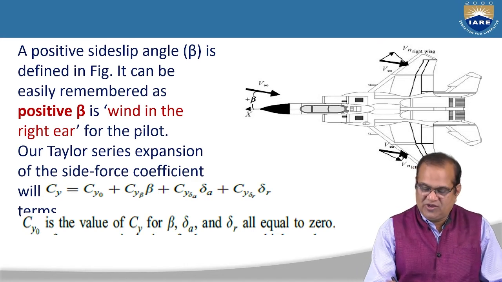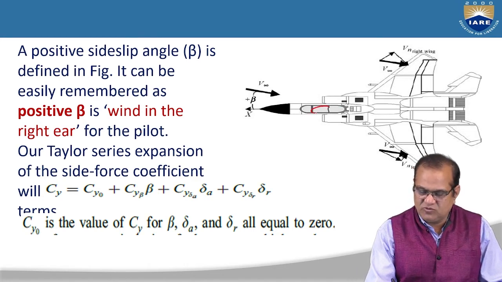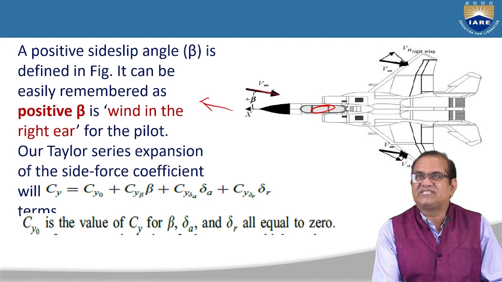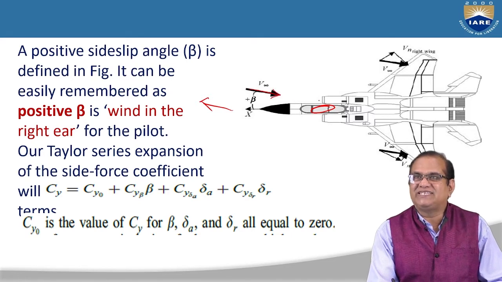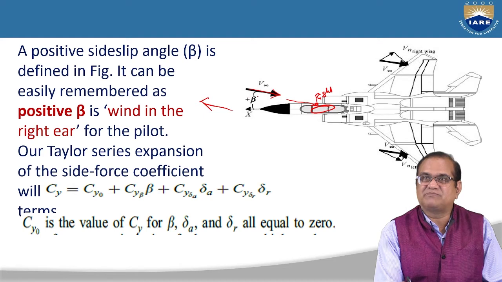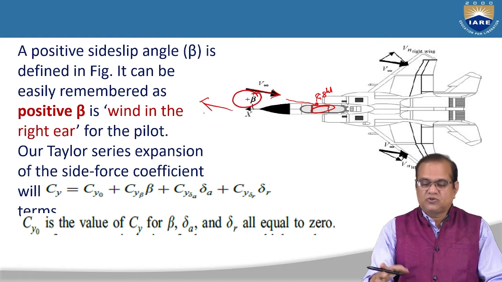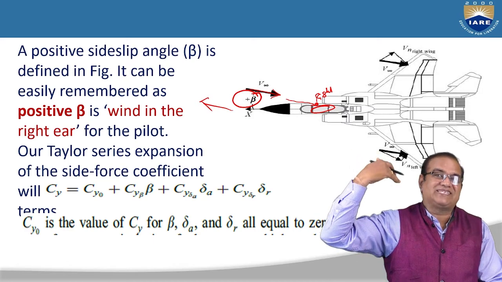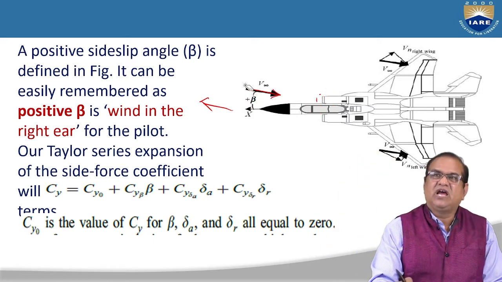So here the pilot is sitting here, aircraft is moving in this direction, and wind is coming from this direction. So the pilot is experiencing the wind from the right side, and if it is like this, it is a plus beta. So plus beta means the wind is approaching from the right side of the pilot. Thus we can see that it is a positive side slip angle.